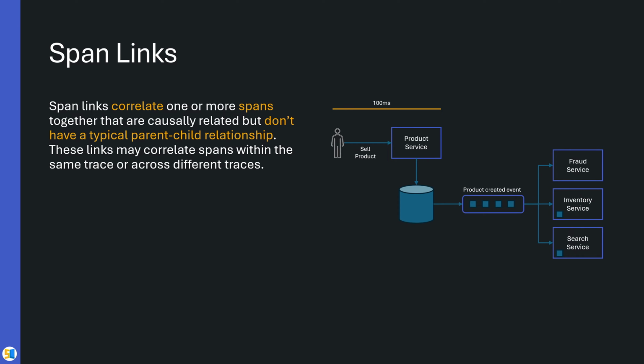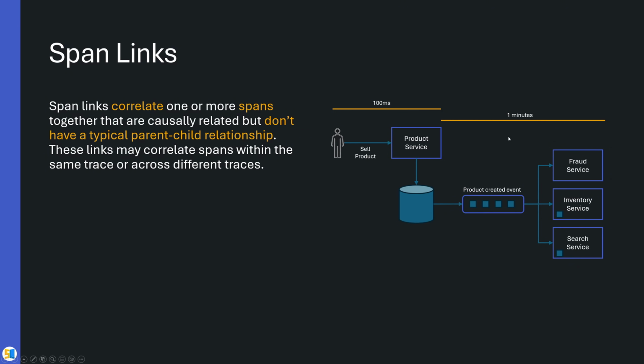And then after that, this service sends an event, product created event. And this event will be consumed by 3 different services: fraud, inventory, and search services. And let's say this causes the trace to extend to 1 minute.